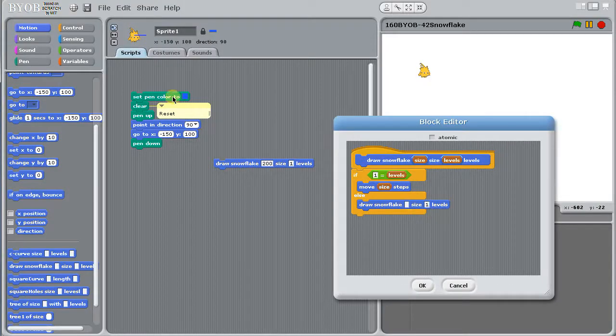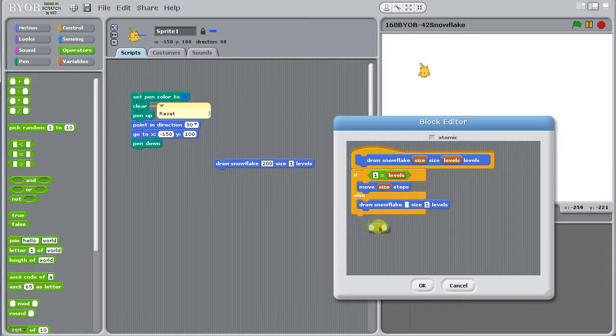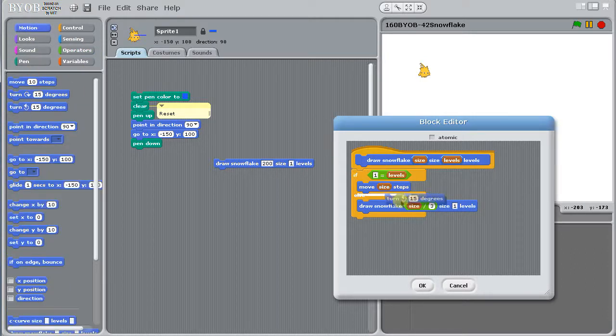So we'll say how big to make it. I'll do the size divided by 3. Okay, so I draw one line, and then I need to turn to start going up. And when I looked at the picture, I said I think that's 60 degrees. So we'll turn 60 degrees counterclockwise. And then I need to draw another line.